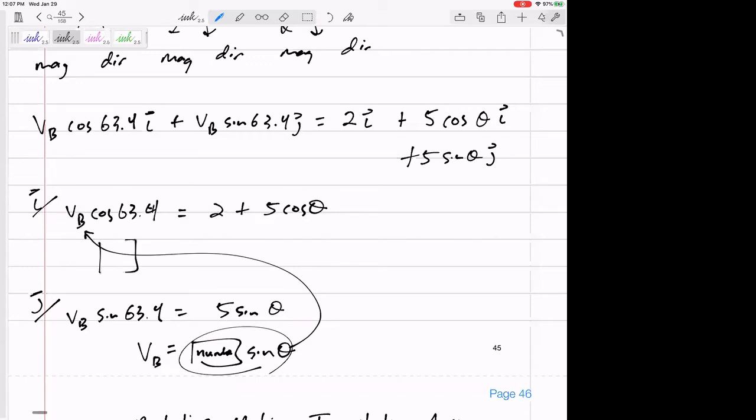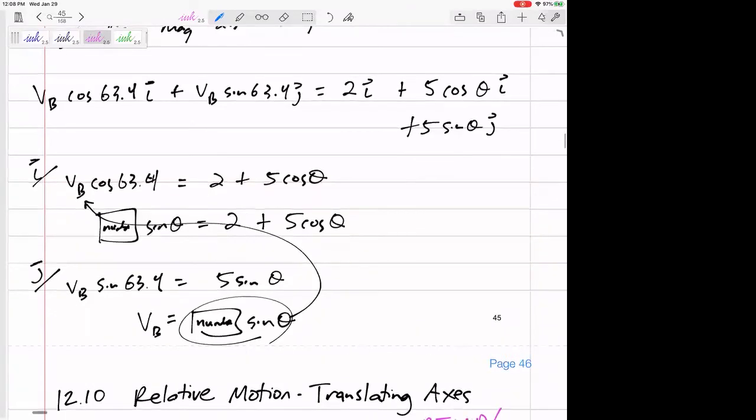It would be a different number, but I'd have something times sine theta equals 2 plus 5 cosine theta. 1 equation, 1 unknown. Seems easy. Unless there's an easier way to solve this problem, which there possibly is: if we drew vectors tip to tail, use law of cosines, that might be an option. But I've got this equation right here in my back pocket that I can use.